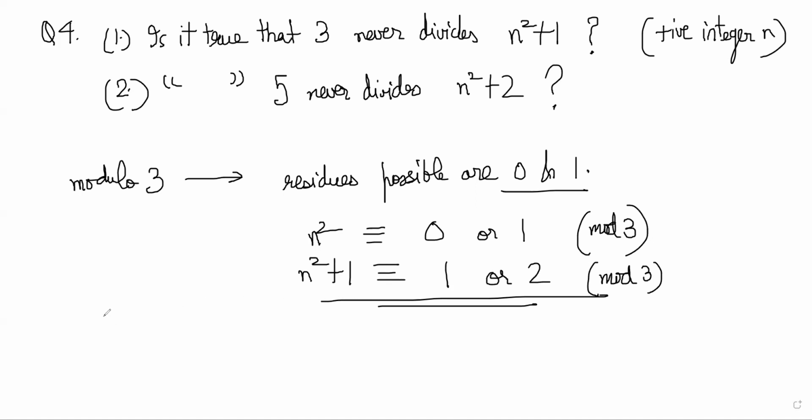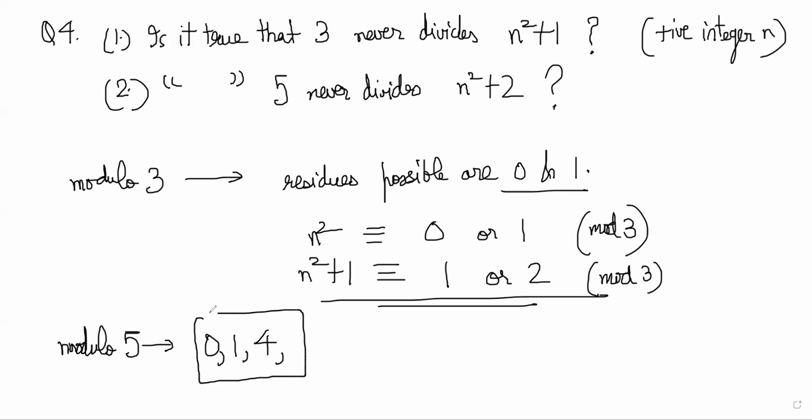Similarly, if you think of quadratic residues modulo 5, what are they? Think about it. 0 square will give us 0, 1 square will give us 1, 2 square will give us 4, 3 square will also give us 4, and 4 square will also give us 1. So these are the 3 quadratic residues possible, right?